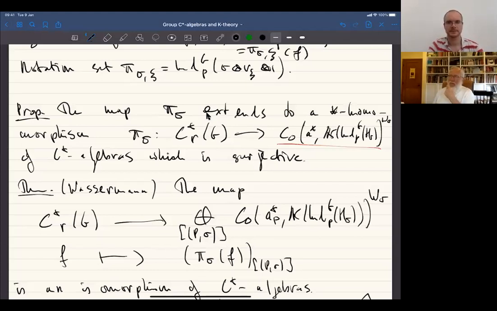So maybe I can mention that actually. As far as I understand, the history of this was that Wassermann announced several important results in this area, the details of which are still being filled in.